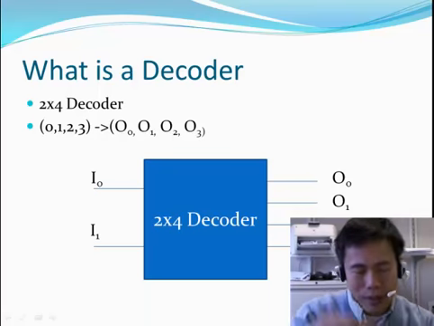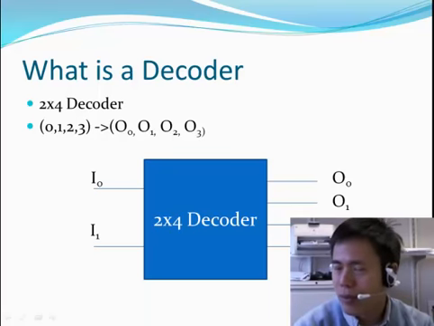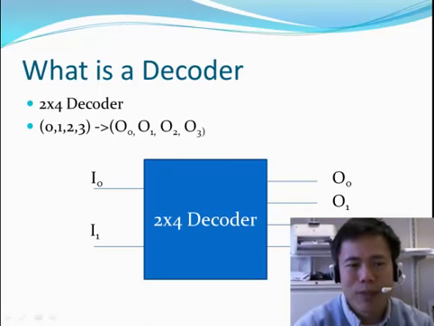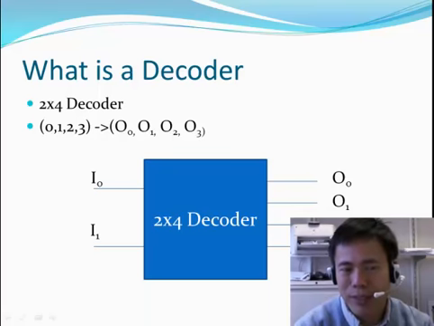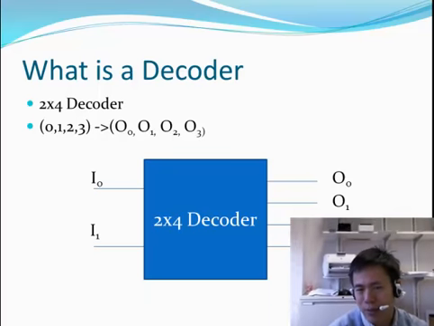So in all input combinations, only one of the outputs is high, the rest will be 0. That's a decoder. Based on the output, we know what the input was. So if you see O2 is high, that means the input is 2. If you see O1 is high, the input is 1. If you see O3 is high, then the input will be 3.